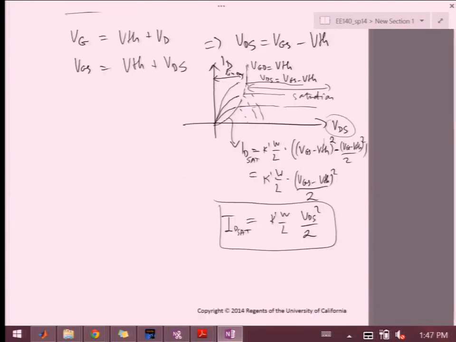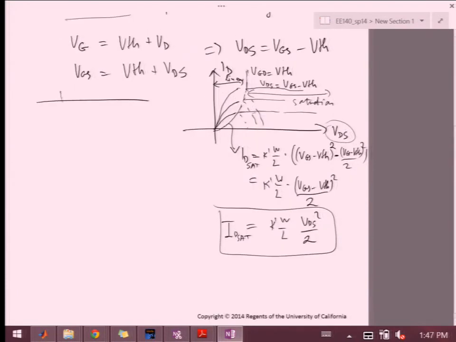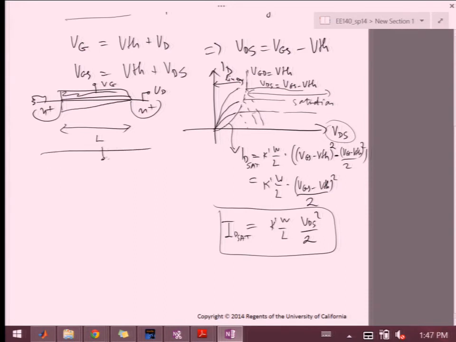So we have our profile for the transistor. And we said that there's going to be kind of this charge profile, which is the channel. And this is L. And depending on the potential of the drain, you may get a little shrinkage here.